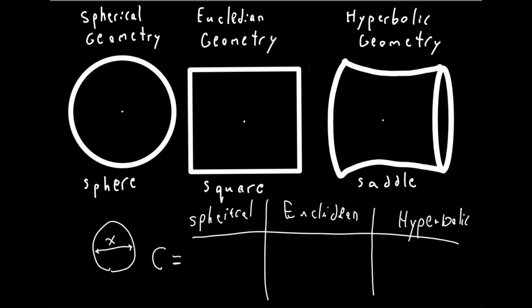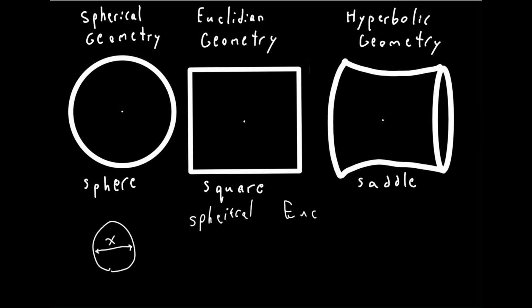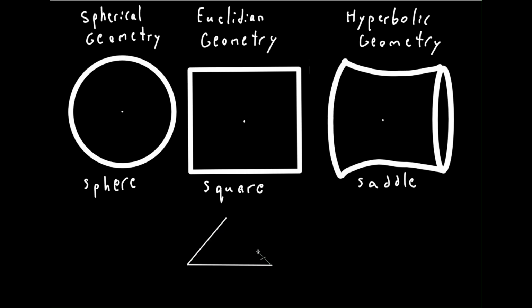Let's look at another example. Let's look at a triangle. Let's start off with a nice Euclidean triangle, the one you know. A, B, and C. You'd expect A plus B plus C to equal 180, and you would be right.